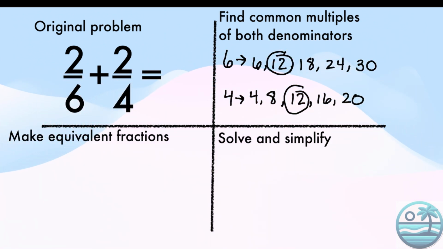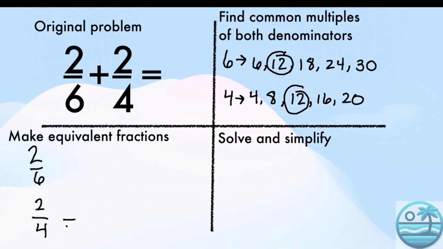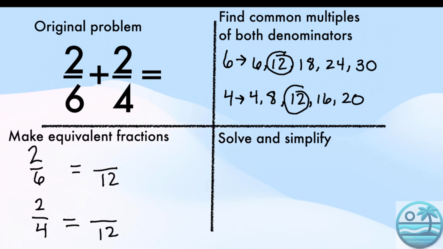Let's make our equivalent fractions now in the third quadrant. I'll take my 2/6 and my 2/4, and I'll make sure both of them have 12 as their new denominator. For my 2/6, I multiplied that 6 by 2 to get 12, so I'll also multiply my 2 by 2 to get 4. 2/6 is the same as 4/12.